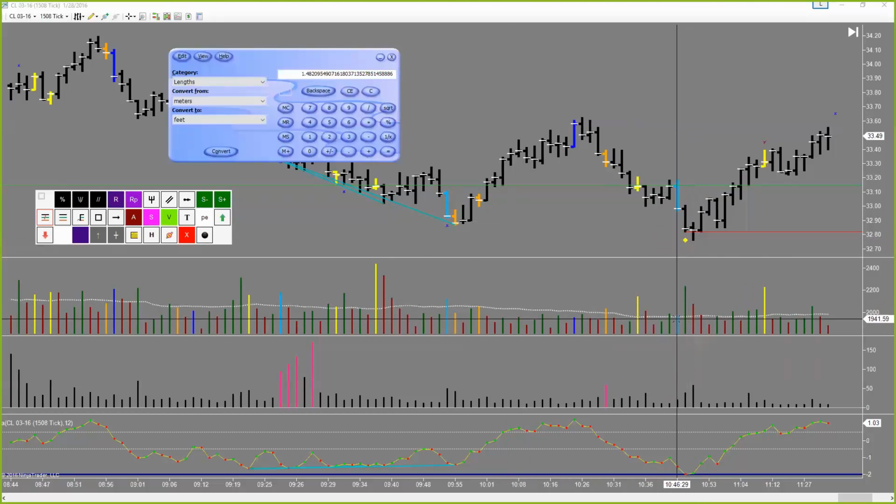Whereas typically on average, we have about 1.15 or 1.8 contracts per tick. So that means we have larger average sized positions being placed for that bar.